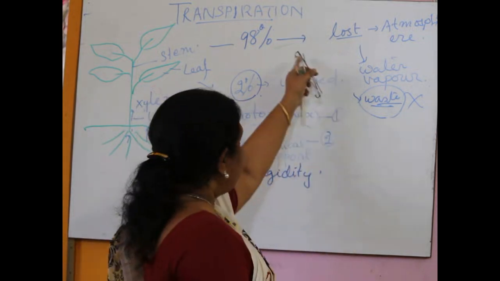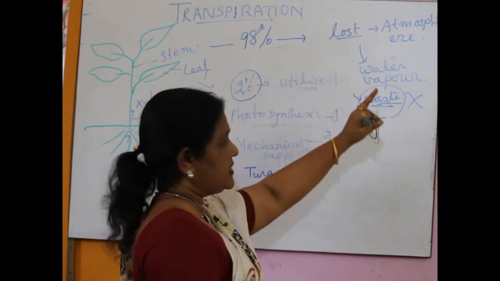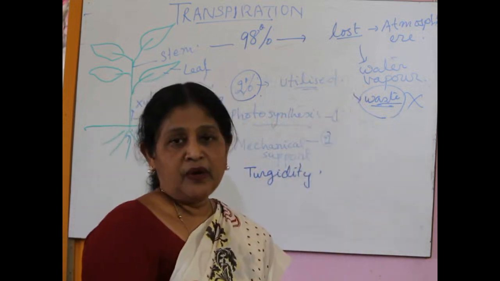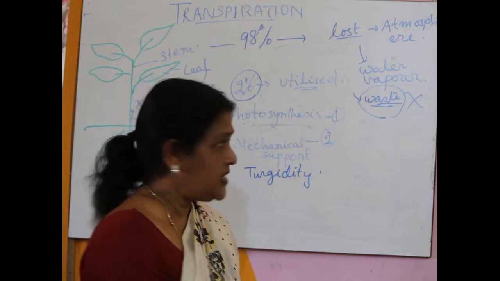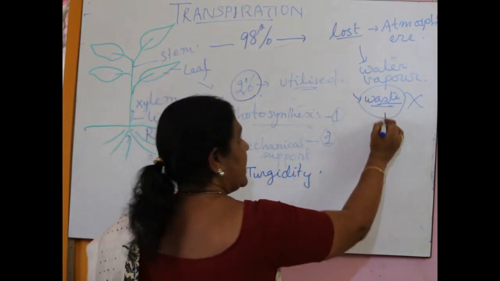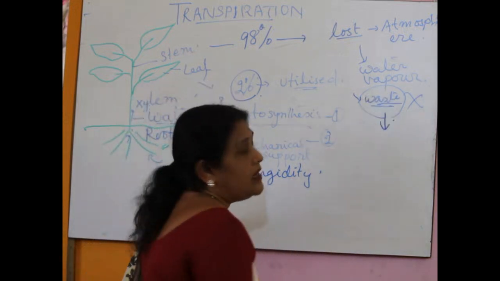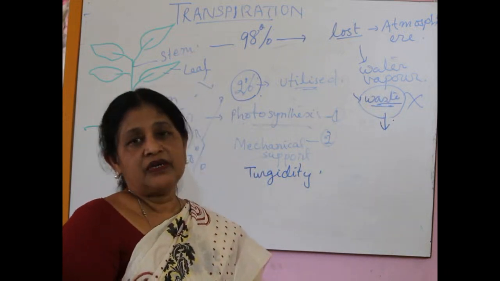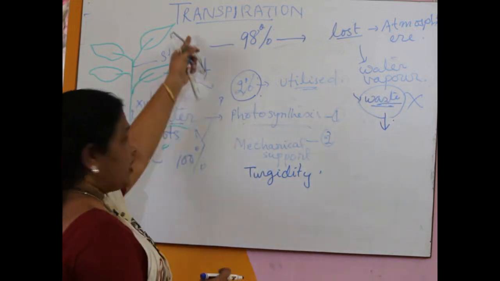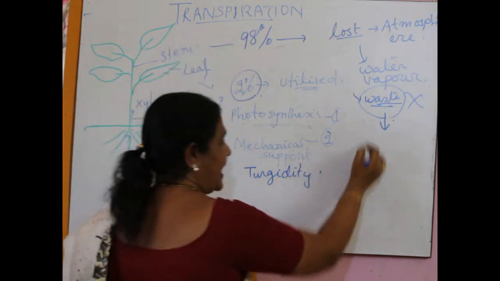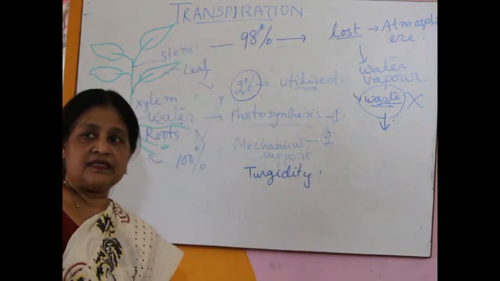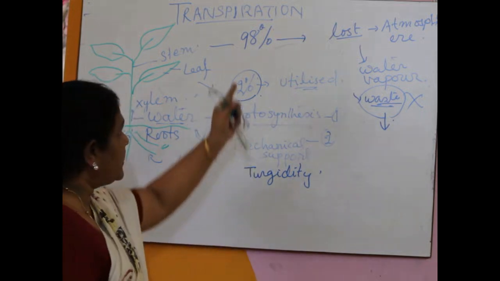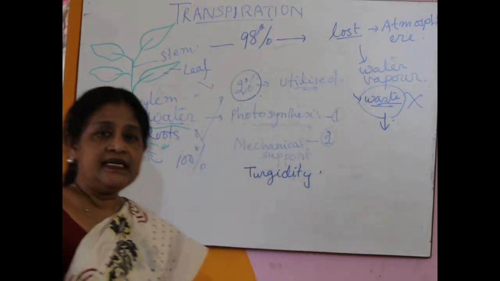This 98% of the water lost in the form of water vapor, which we call transpiration, actually helps the plant to conduct water upwards. It has certain significances.